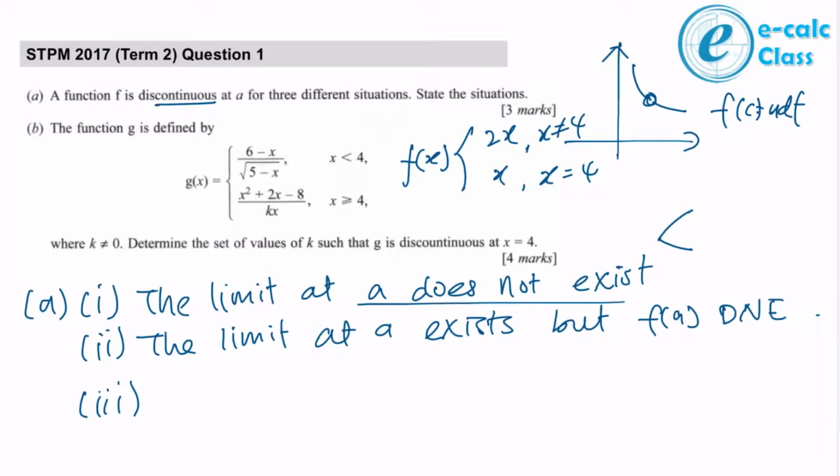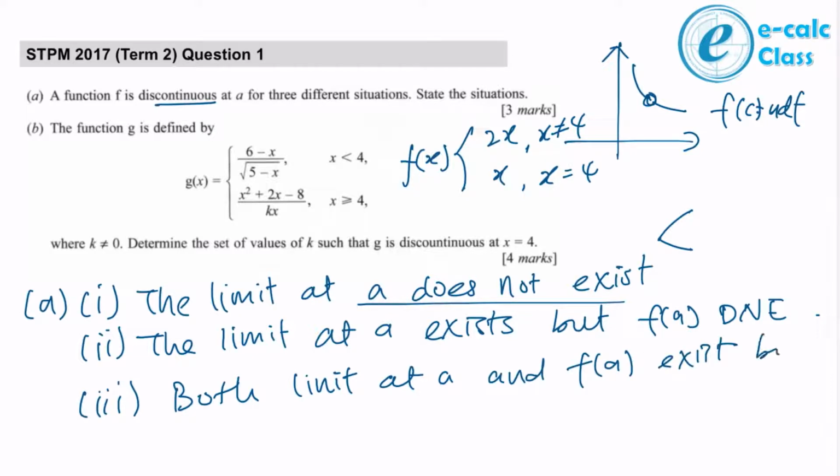So both the limit at A and f of A exist, but the limit at A is not the same as f of A. So that's the 3 situations where function f is discontinuous at A.